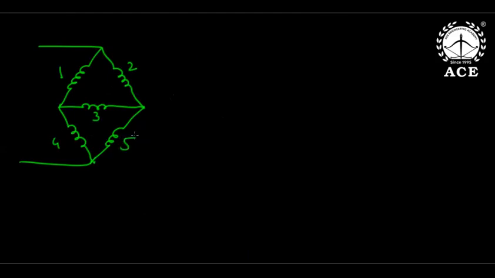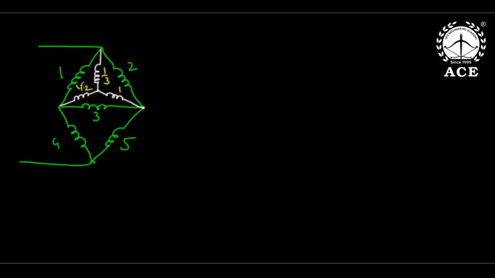Now I'll convert one of the delta into star. Now that is what you have to understand: star delta, delta star in inductor is same like a resistor formula. So this will be how much? This into this 2 by sum. 2 by 6, 1 by 3, 6 by 6, 1, 3 by 6, 1 by 2.